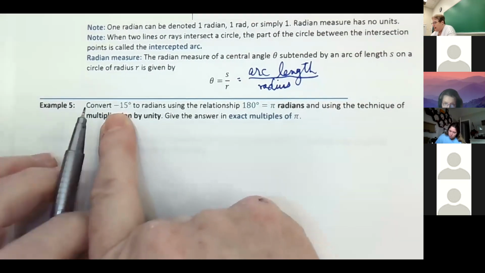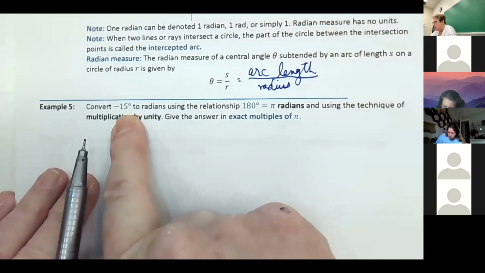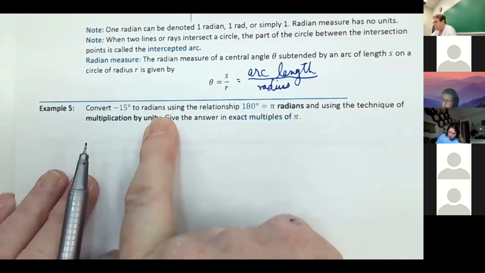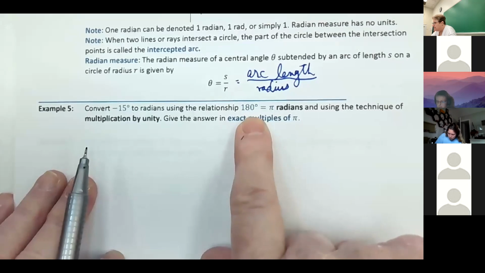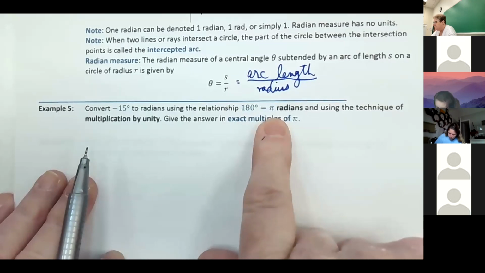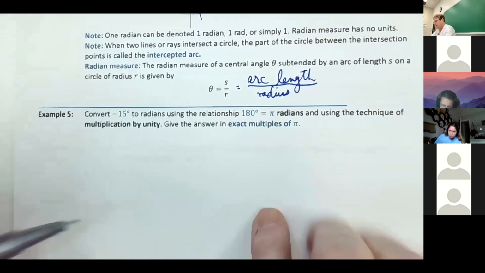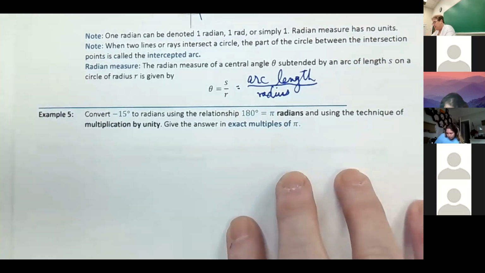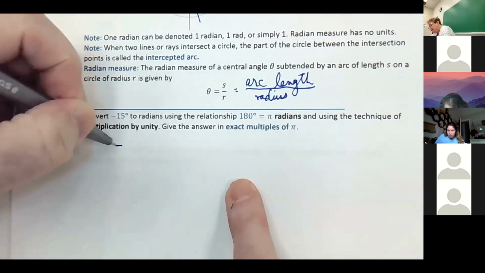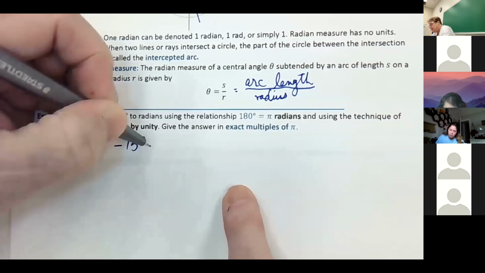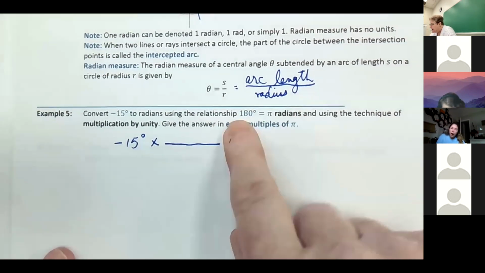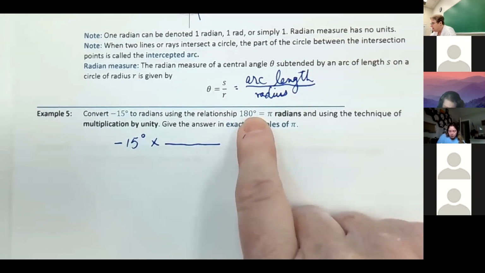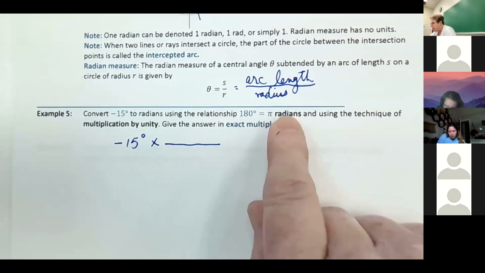So let's convert negative 15 degrees to radians. And we're going to use this relationship: 180 degrees is pi radians. So I'm going to start with negative 15 degrees times my unity, which is 180 degrees is the same as pi radians.